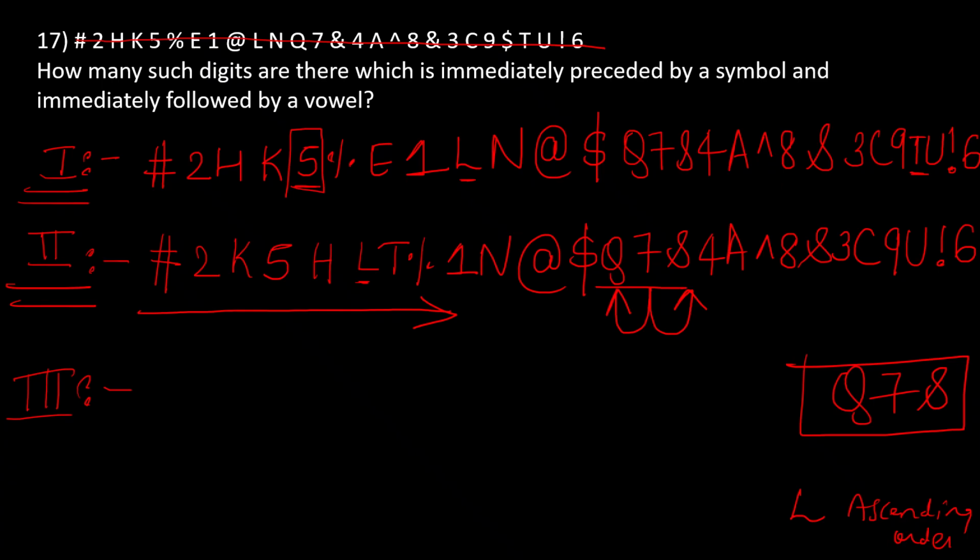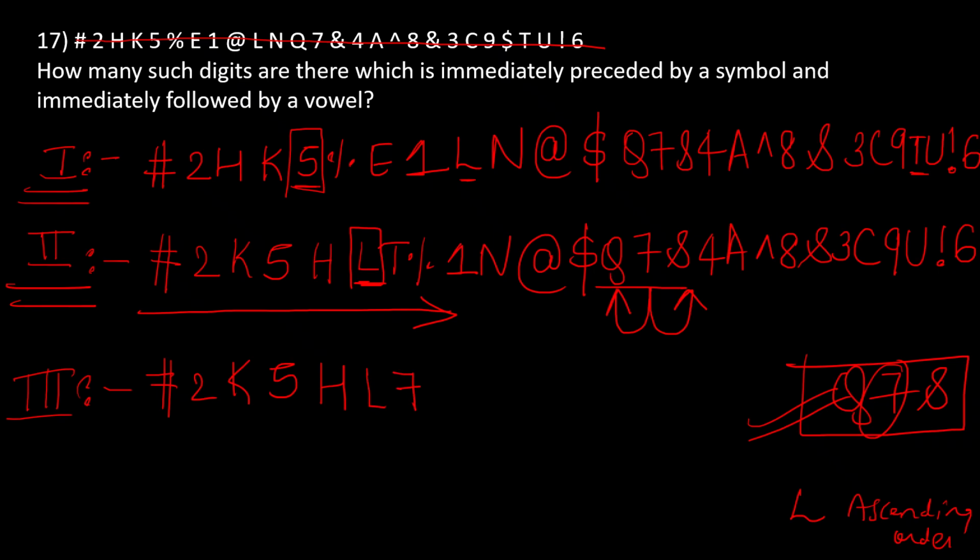So what is the third step telling? If this is the one, then the digit has to be placed immediately right of L. So where is L? L is here. So hash 2 K 5 H, and they have said immediately right of L in ascending order. But you have only one digit, so that will only come, that is 7.